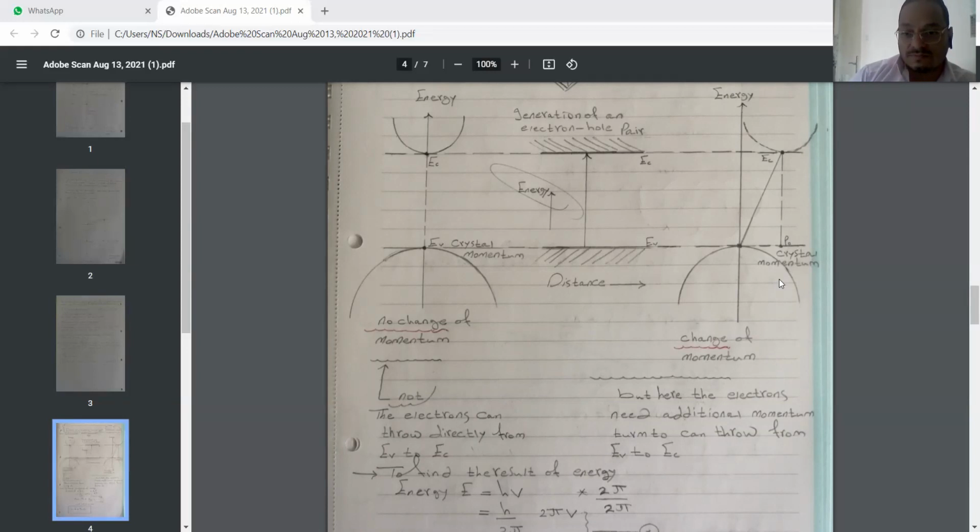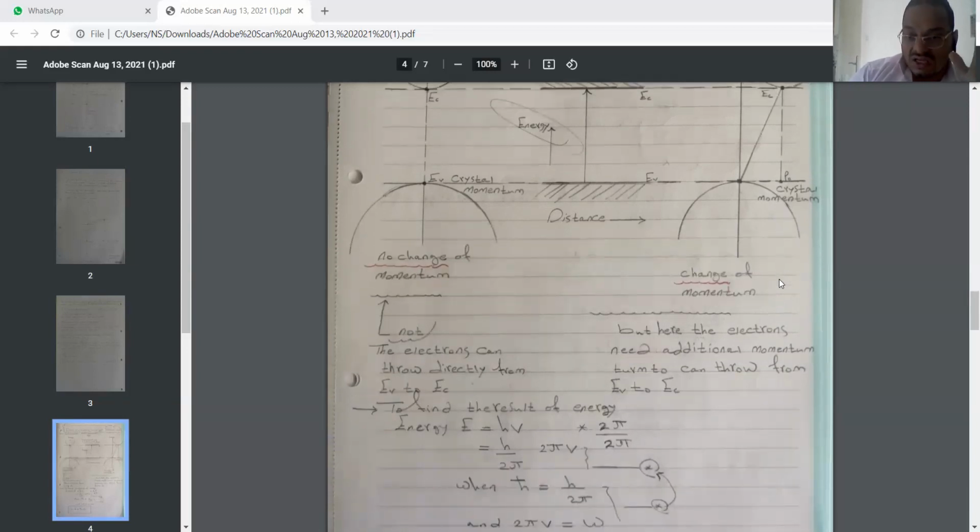What is the condition? The condition is that the electrons need additional momentum. Without additional momentum, no way. The electrons can't escape from the valence band. That means we need an additional momentum term to go from the valence band to the conduction band.